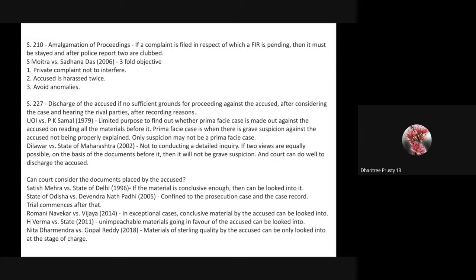And if it is only a suspicion, because two views are possible: one view says there is a set of evidence saying that the accused has probably committed the crime, and another set of evidence on the same facts says there is a probability that the accused has not committed the crime.